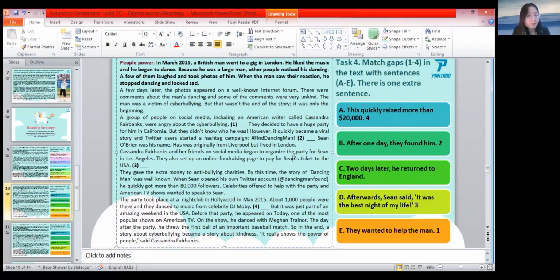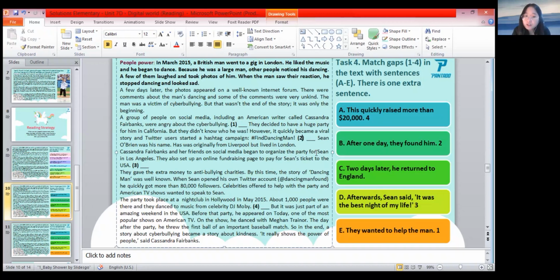So number 1, they wanted to have the man. Okay, it's suitable. The second, after one day they found him. For B, they didn't know who it was. However, it quickly became a viral story on Twitter. Users started a hashtag campaign, Find Dancing Man. After one day, they found him. Sean O'Brien was his name.